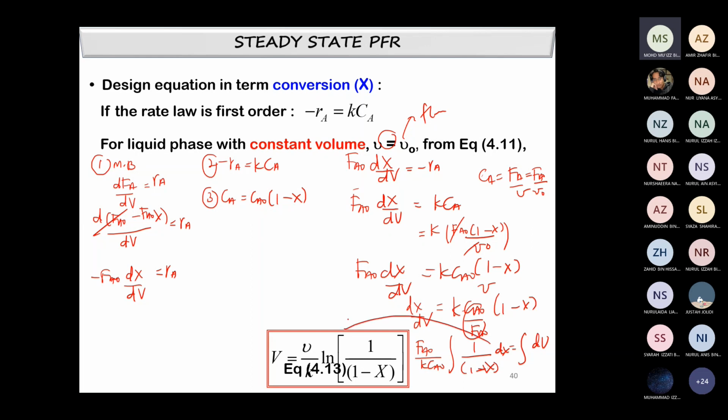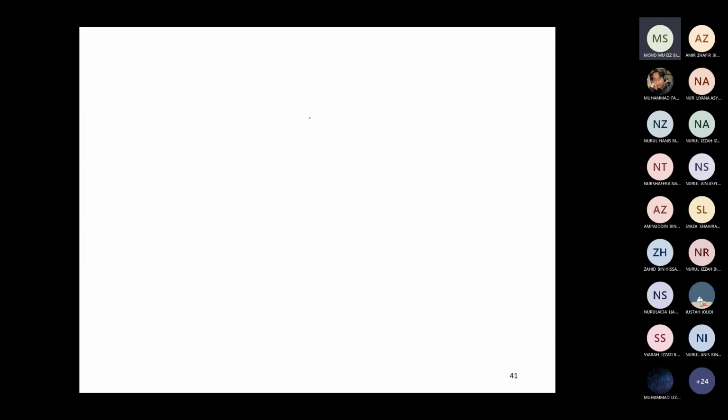That's why you akan dapat this equation. At the end you akan dapat V is equal to negative ln(1 minus X) over K. Ini CA ni you boleh pecahkan, this one is daripada FA0 over V0 (1 minus X), untuk stoichiometry ni.